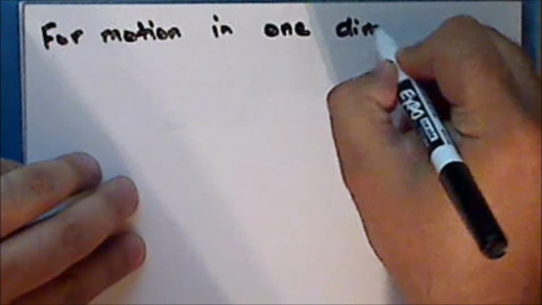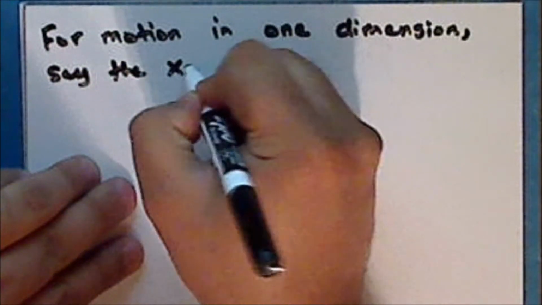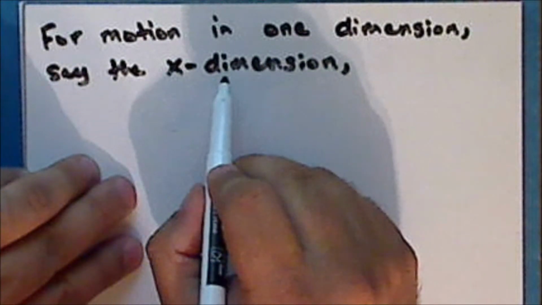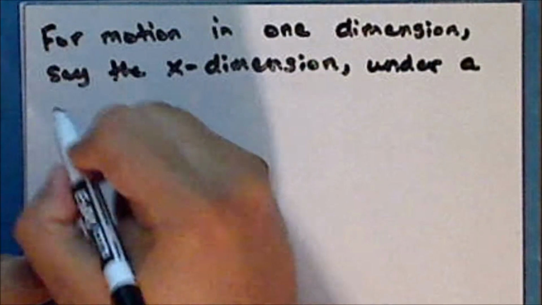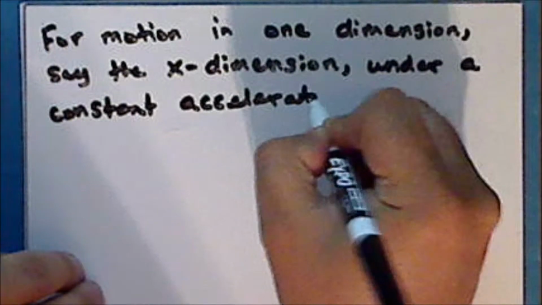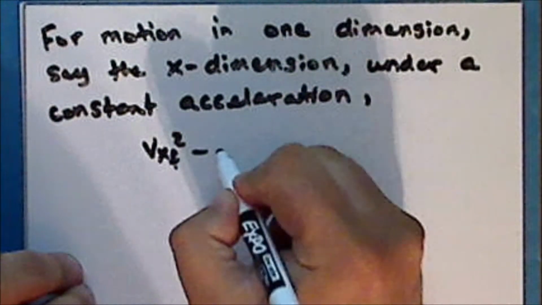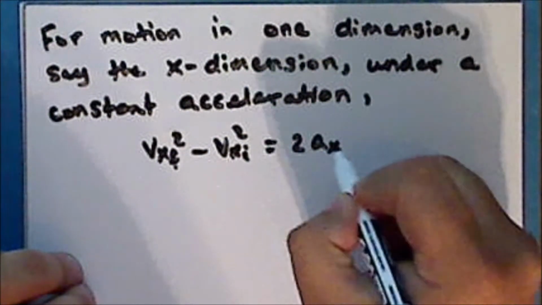Now for motion in one dimension, and say for example the x dimension, that is the dimension corresponding to the x-axis in our reference frame, under a constant acceleration, the difference of squares of the final speed and the initial speed is equal to 2 times the acceleration times the displacement.